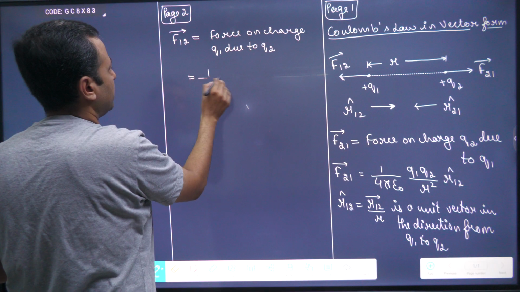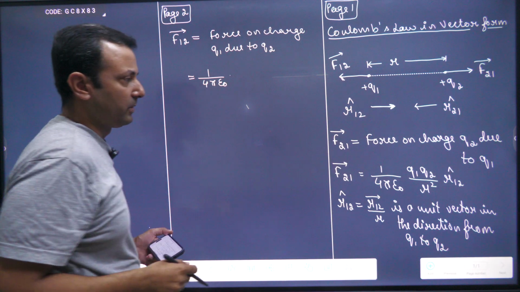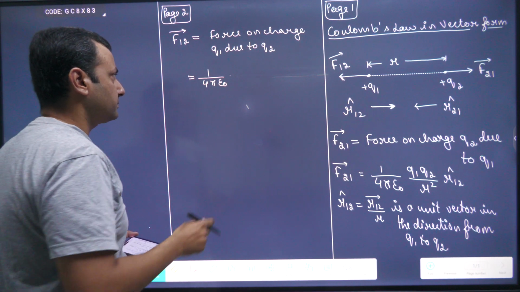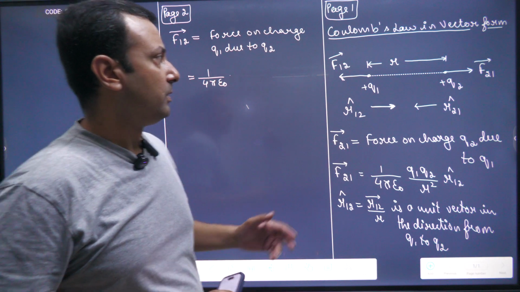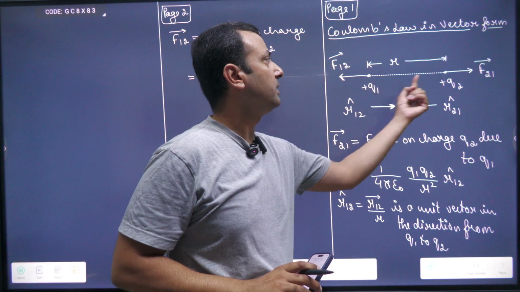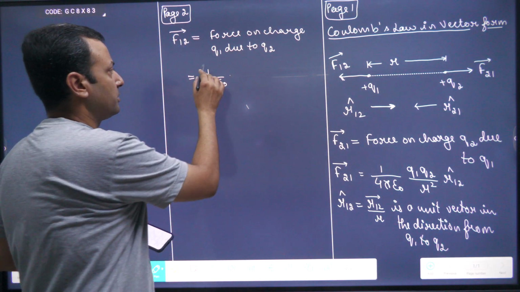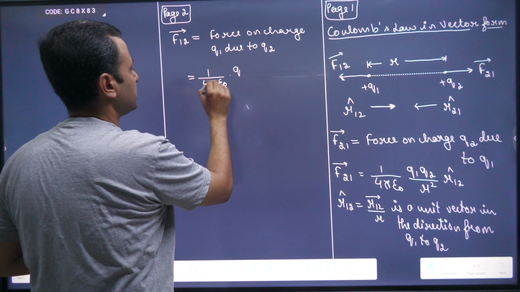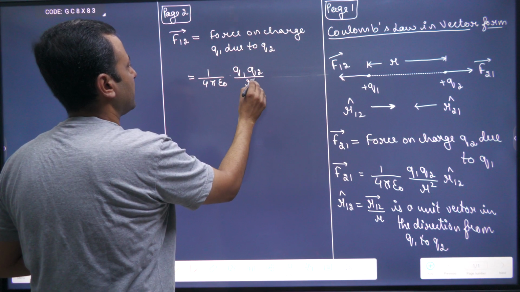So how will we write it? 1 upon 4 pi epsilon naught q1 q2 upon r square. This is Coulomb's law. The force will be the same, 1 upon 4 pi epsilon naught is a constant, q1 q2 upon r square.